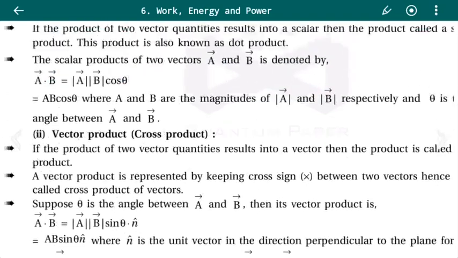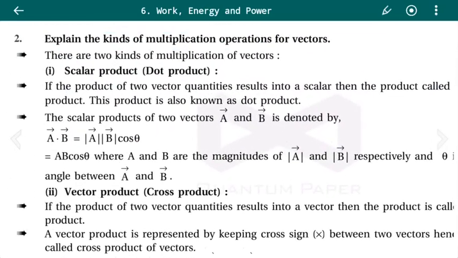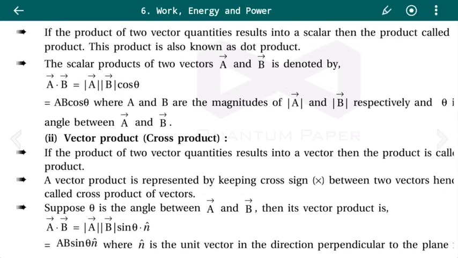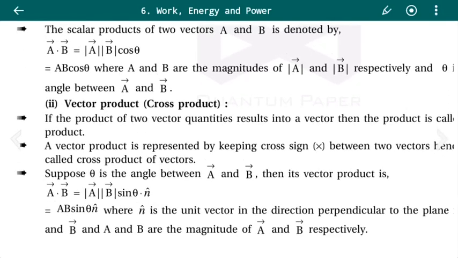So here when we multiply two vectors and it gives the scalar product, then its formula will be simply AB cos theta, where A and B are the magnitudes and theta is the angle between A and B. And when we multiply two vectors and the resultant is the vector product, then its formula will be AB sin theta, and because the result is a vector, it will have a direction.